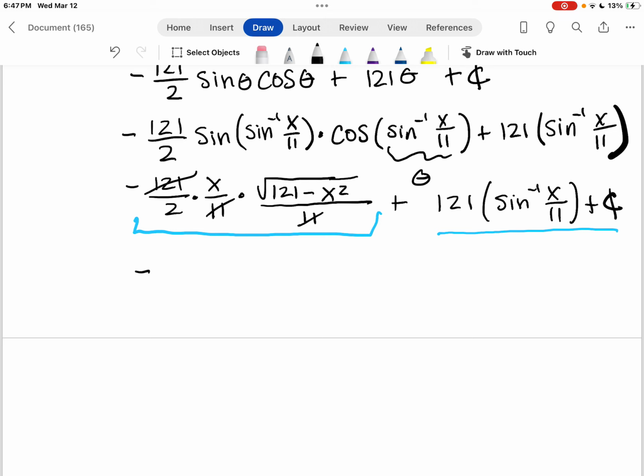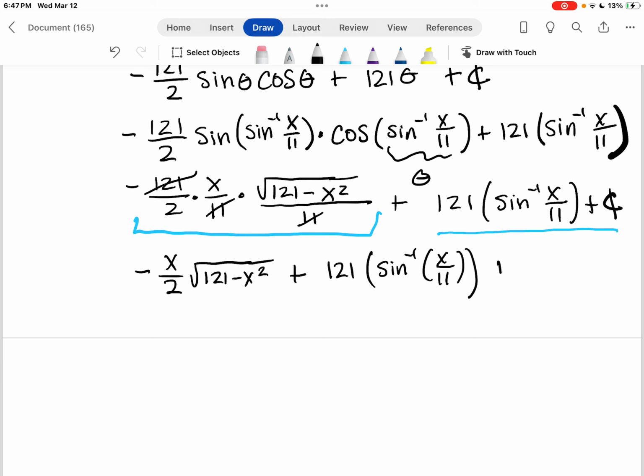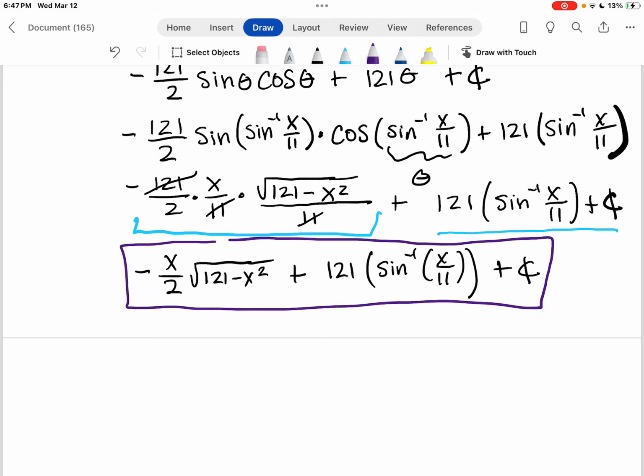And then we're left with negative x over 2 times the square root of 121 minus x squared, and then we still have plus 121 inverse sine of x over 11, and then plus our constant. So this is our final answer.